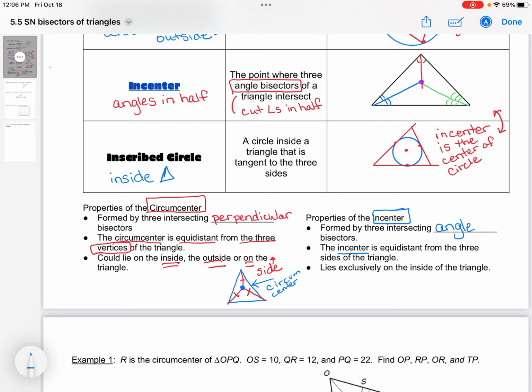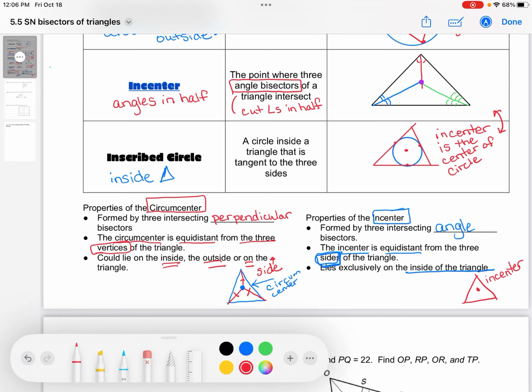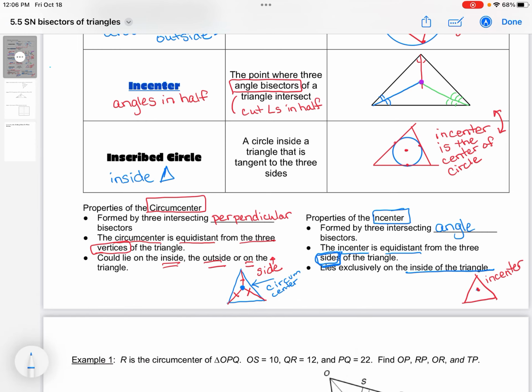And for this one, the incenter is equidistant from the sides. And it's only on the inside of the triangle, it's never on the outside. Okay, so here's my triangle. Here's the incenter that we found, remember, by drawing angle bisectors.